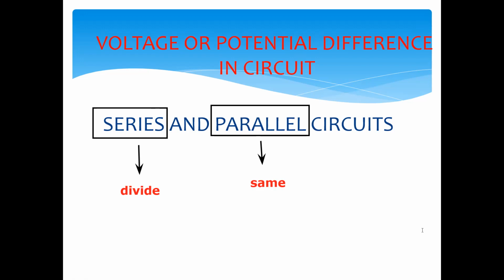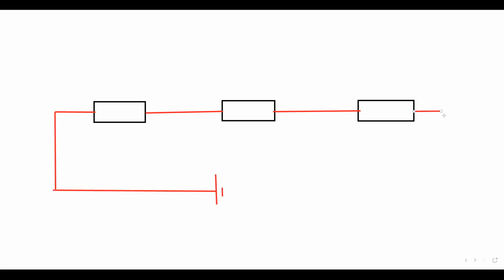So for example, if we have, say, three components which are connected in series, this is a series combination in which we have only one way for the charges to flow.